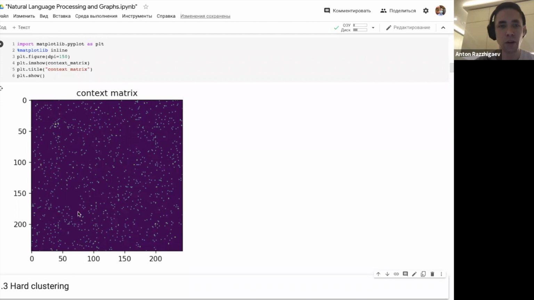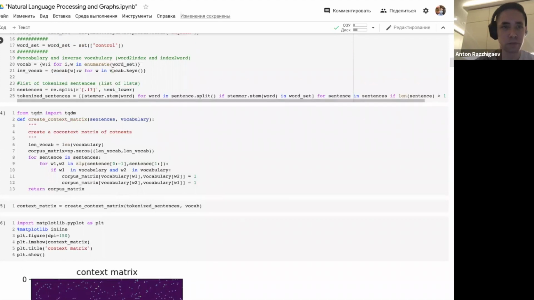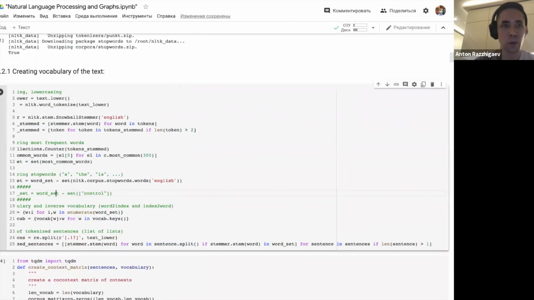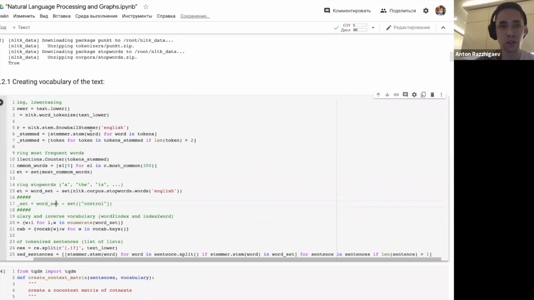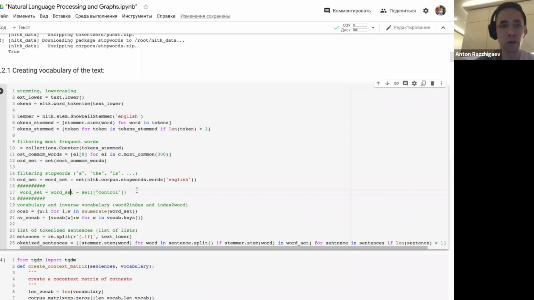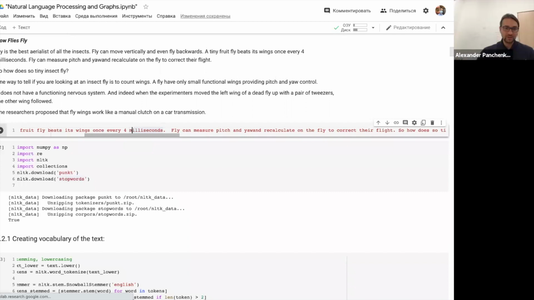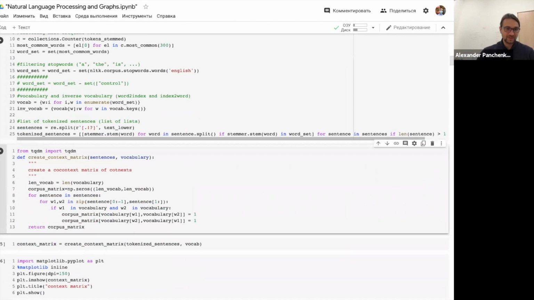As you can see, now there are no two big lines here, because without this deletion, there was a very strong correlation of this word with all other words. Yeah, can you show it once again? That's interesting. Sure, I'm doing it.